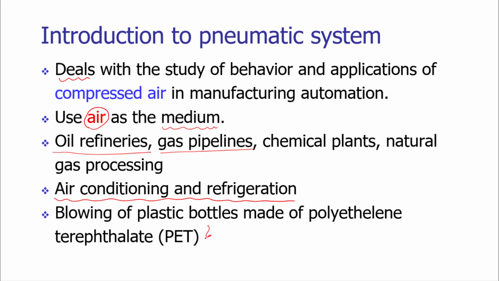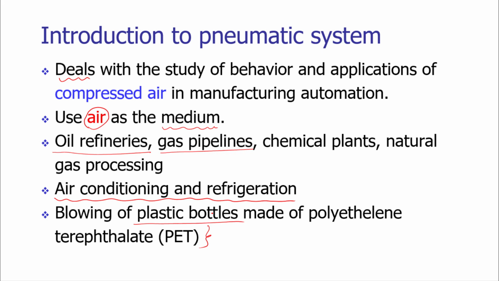One interesting and important application is to manufacture plastic bottles of PET, that is polyethylene terephthalate. In the blow molding operation, we are manufacturing hollow products such as bottles or containers by sending controlled compressed air inside the mold cavity, and that mold cavity already has the workpiece material, that is the PET material.